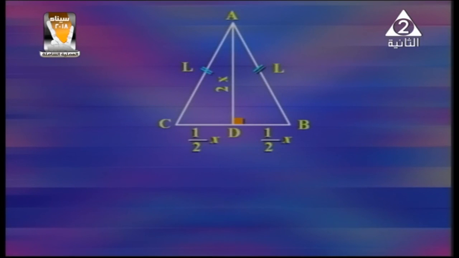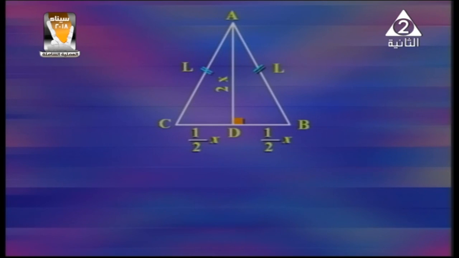Look at the lamina as an isosceles triangle ABC, with AB equal AC, each side of length L centimeters. Let BC equal x, the base of the lamina, and AD the height to BC. Then BD equals half x, also CD equals half x. The height equals twice the base.